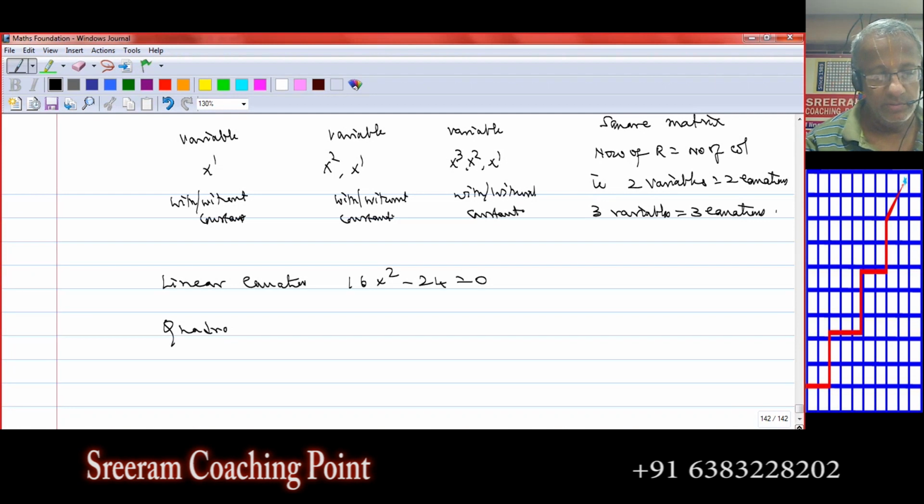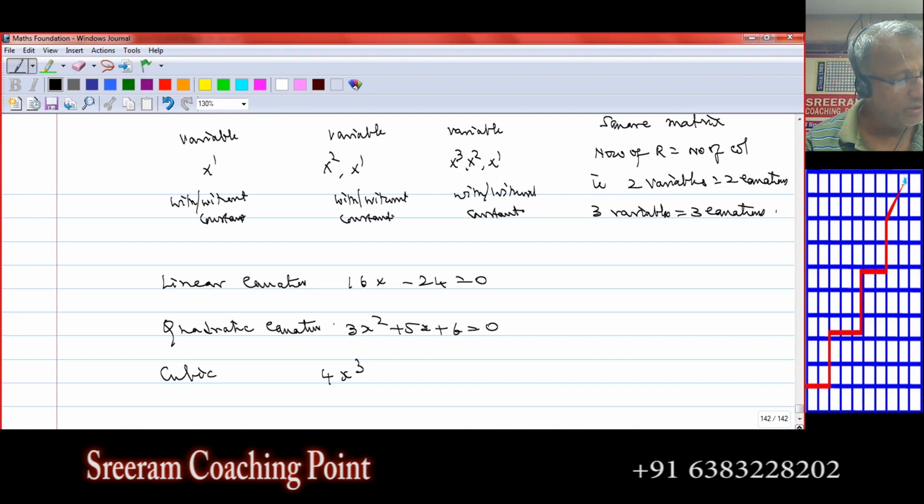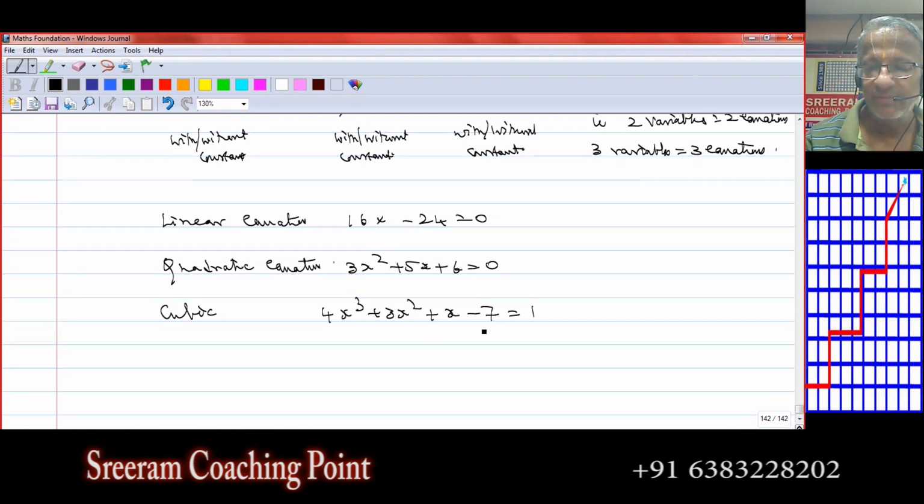Quadratic: 3x squared plus 5x plus 6 equal to 0. Cubic: 4x cube plus 3x squared plus x minus 7 equal to 1. This they could have done by taking it to the other side as 8.